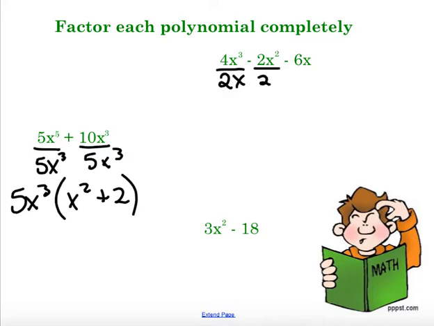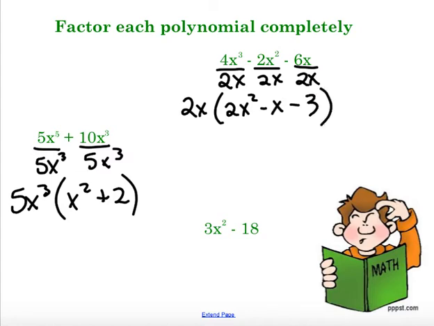We divide each of these by 2x. We need to make sure it's common in all of them, and it is. And we have left 2x squared minus x minus 3. Okay, and lastly, 3 is our greatest common factor, and so we have 3 times x squared minus 6. We are pulling out what is in common, and now we have our factored forms.